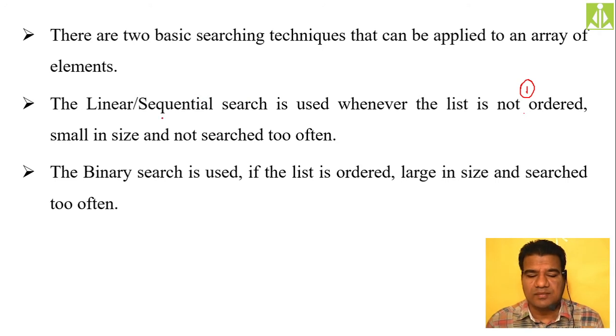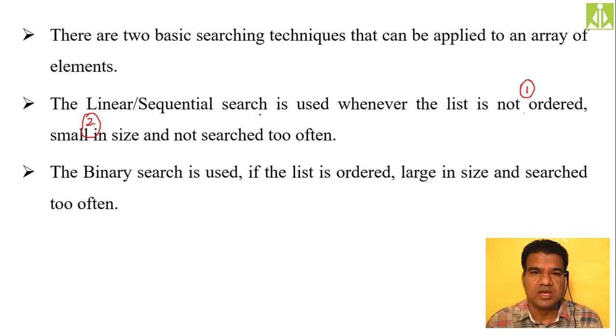Then, if the list size is small, like up to 100 elements, this is the second criterion. When the list size is small, we go for linear sequential search. The third criterion is how often you are performing the search, the frequency of the search operation.